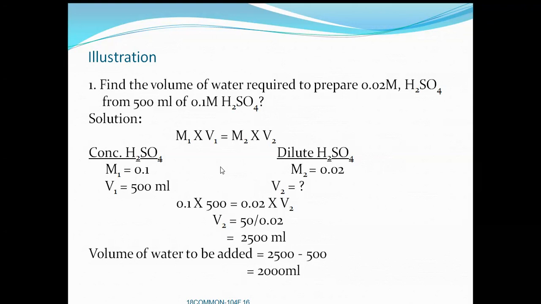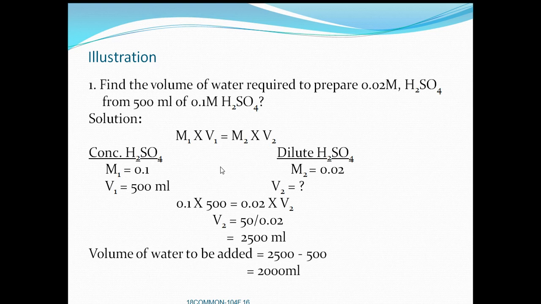Now some example problems based on dilution law. Find the volume of water required to prepare 0.02 M H2SO4 from 500 ml of 0.1 M H2SO4 solution. This is the question. Read thoroughly, don't make mistakes.